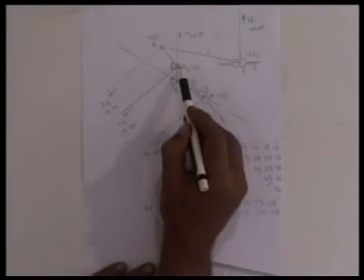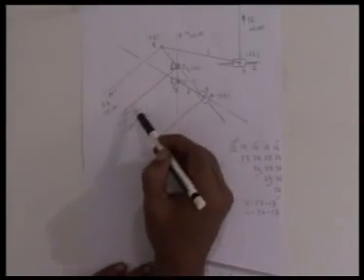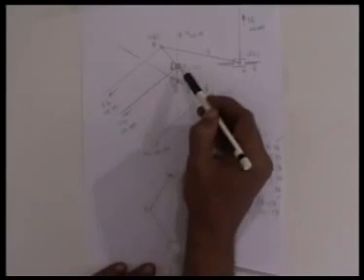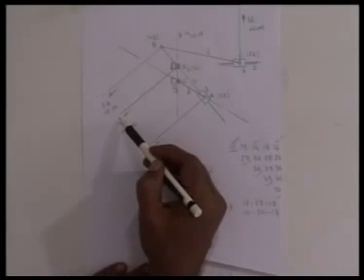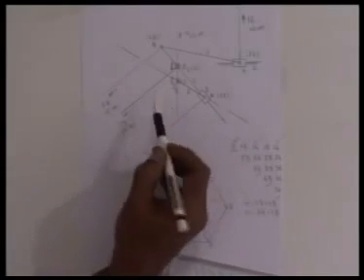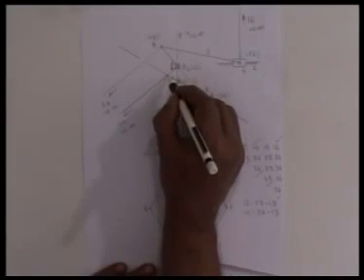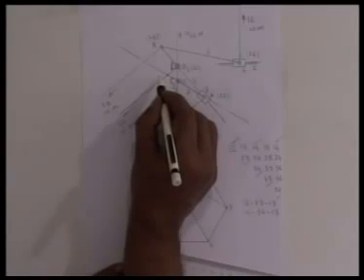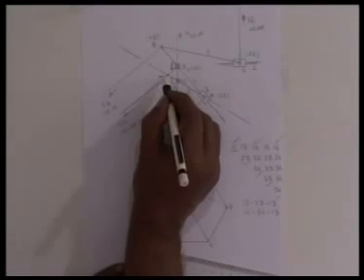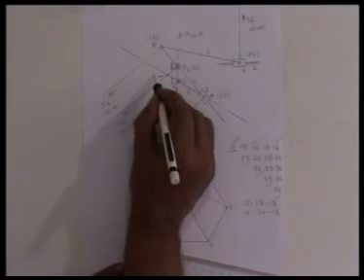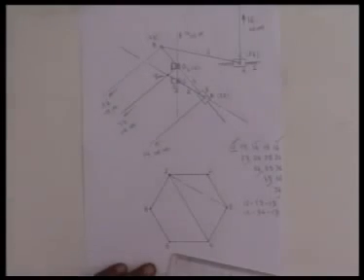We have already determined 1 4 here, and 3 4 is on this line at infinity. So 1 3 must be on this line as well, and 1 3 must be on this line as well. So the point of intersection of these 2 lines gives me the location of relative IC 1 3.